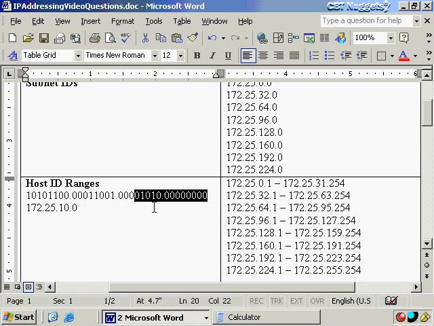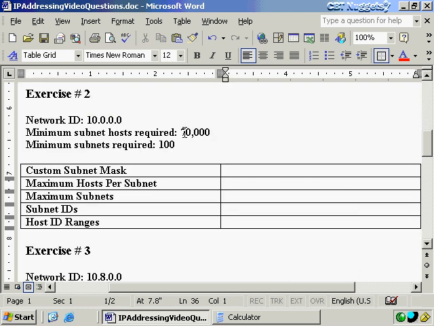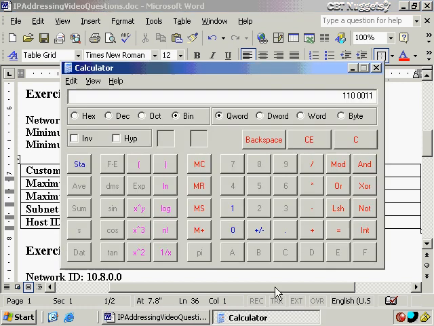Now in the next exercise we have a Class A address of 10.0.0.0 with at least 70,000 hosts per subnet and 100 subnets. So to figure out, let's just go with the number of subnets required. That would be 100 minus 1 is 99, which is what I put into the calculator here. So that would be 99 in binary, which is 7 bits.